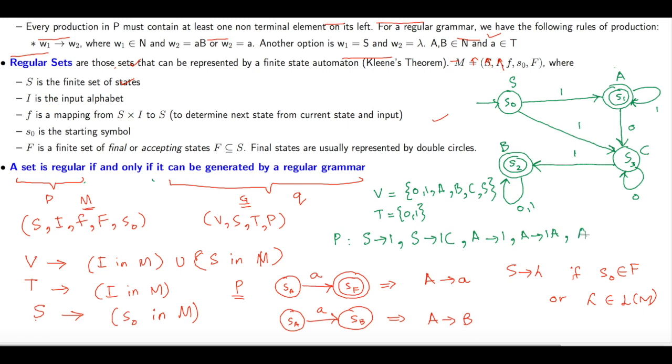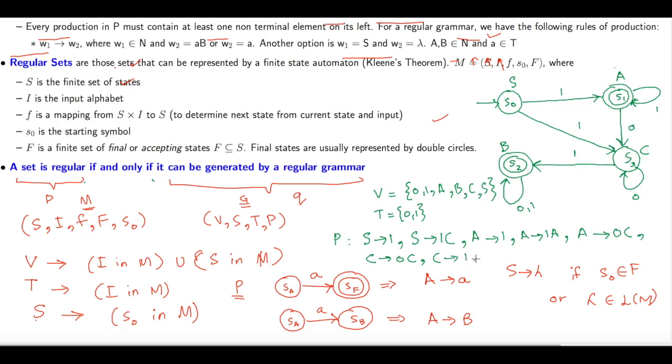So A at an input of 0 goes to C, so I should do this. Now C. C at an input of 0 goes to itself, so I should say C goes to 0C. And C at an input of 1 goes to a terminal state, so C goes to 1.